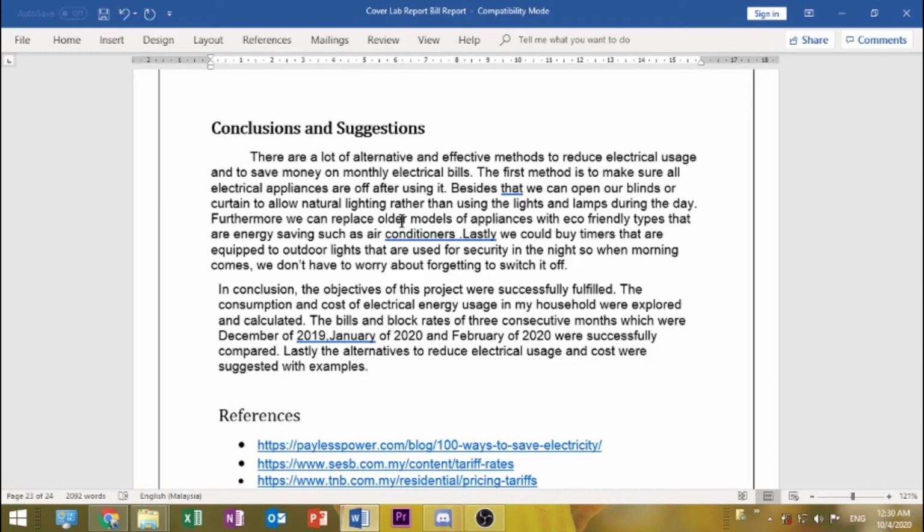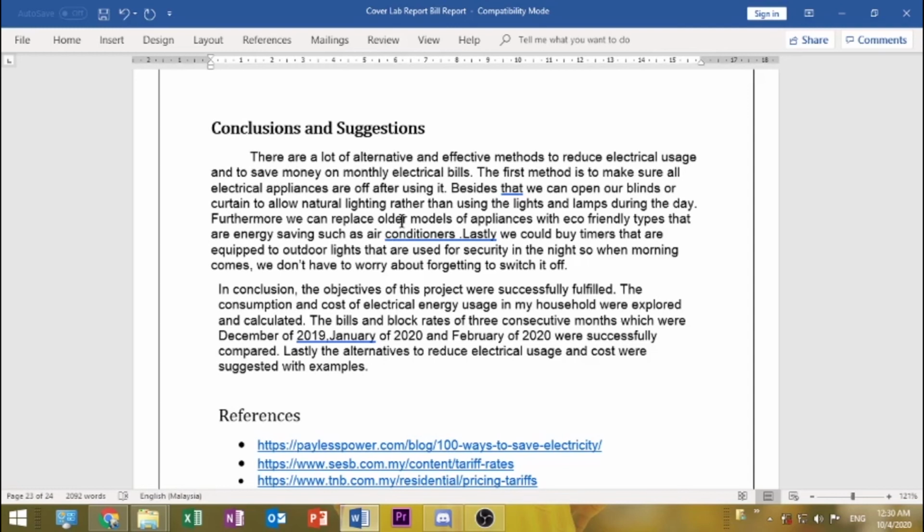So besides that, we can open our blinds or curtains to allow natural lighting, because in the day I don't think people need bulbs, they can save electricity just by opening the window and blinds. It can lighten the house more naturally and saves your money. So other than that, we can replace older models of appliances with eco-friendly types that are energy saving, such as air conditioners.